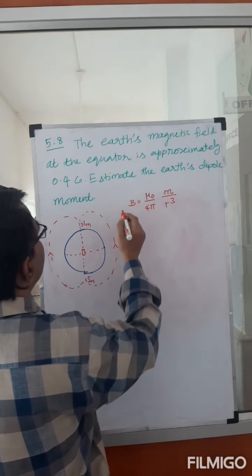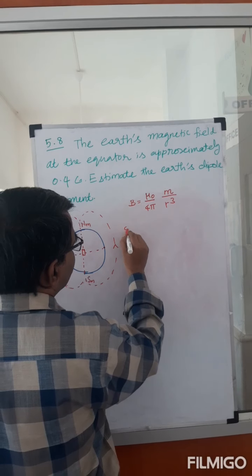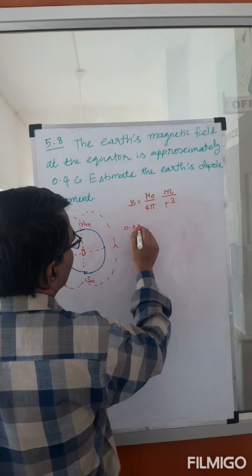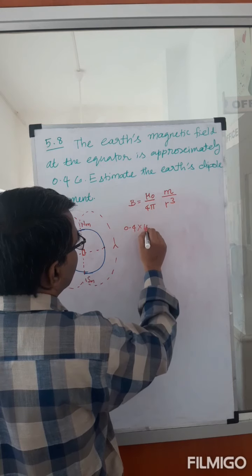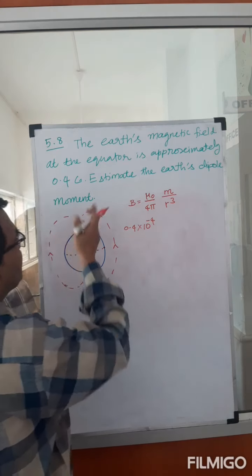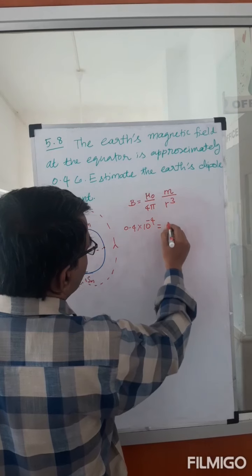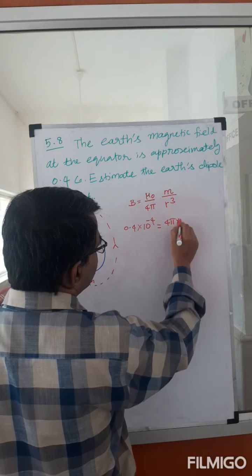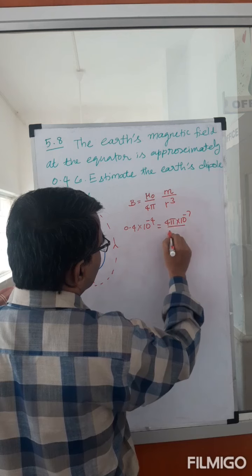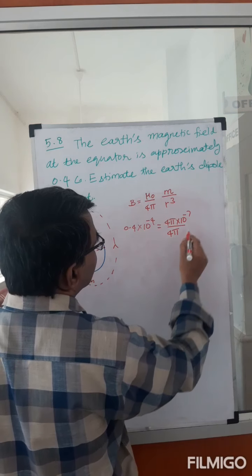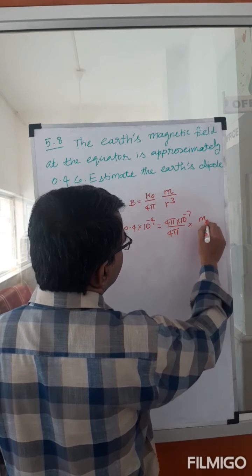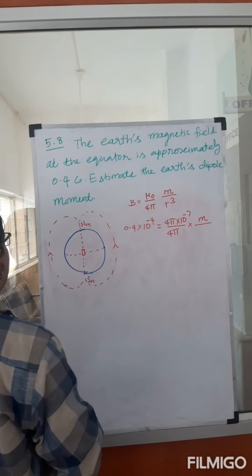So what is the value of B? The value of B is 0.4 Gauss. That is equal to 0.4 into 10 power minus 4 Tesla. So mu naught is 4 pi into 10 to the power minus 7, divided by 4 pi again, multiplied by m, divided by r cube.